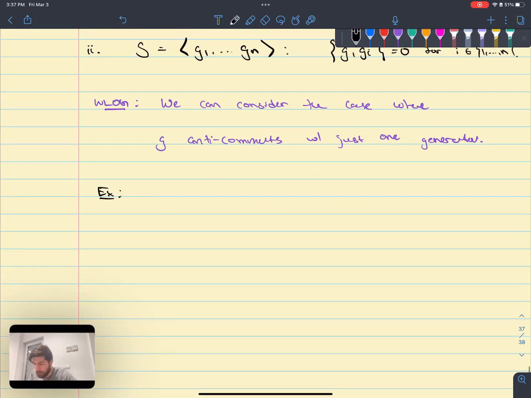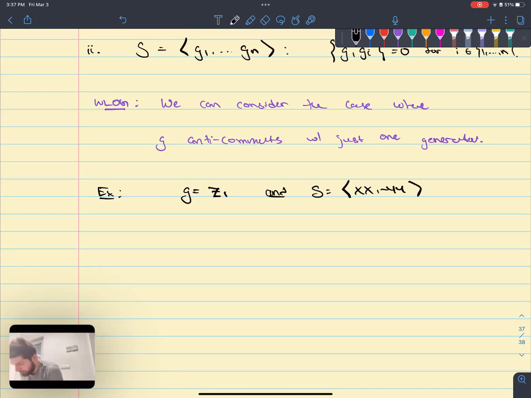Okay, that seems kind of hard to believe, but if we look at an example, the idea is the following. Say we again look at the state. Say we take G equal to Z1. So we want the observable Z1 to be measured, and we have a stabilizer group generated by XX and minus YY.